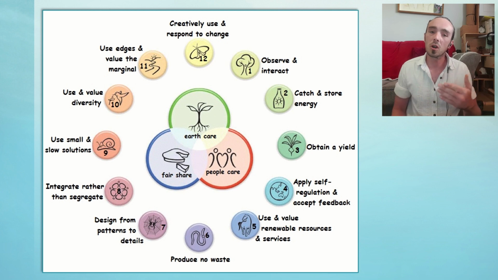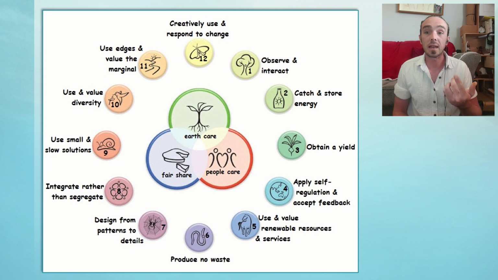We could also look at a horse as a food source. I know it's not a common way to think about it, but we could technically eat the horse. So the idea is that we want to use things in a non-consuming way. We don't want to consume the system.